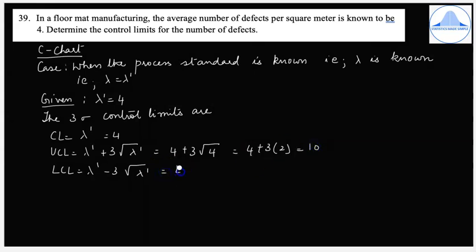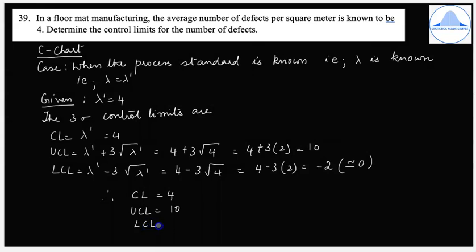Then 4 minus 3 into root 4, which is 4 minus 6, you will get minus 2, which you have to approximate to 0. Therefore, the final control limits are CL is 4, UCL is equal to 10, and LCL is approximately 0.